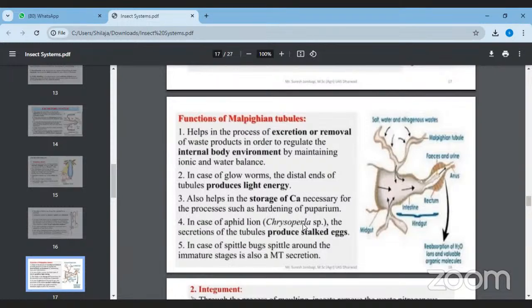There is also the gymnonephridial arrangement of the Malpighian tubules, where the distal ends are free and not attached. Orthopterans and hemipterans come under this gymnonephridial arrangement of the tubules.